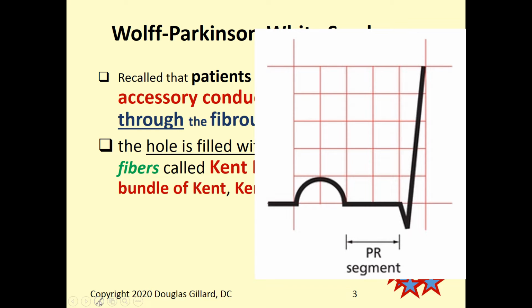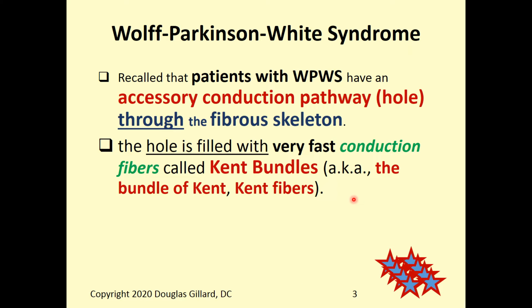I wonder if I can draw here. Never tried to draw. Probably going to mess something up. Well, I won't draw. But you know what I'm talking about. All right, so that's important. The P wave plus the PR segment, the flat part, that's the PR interval.